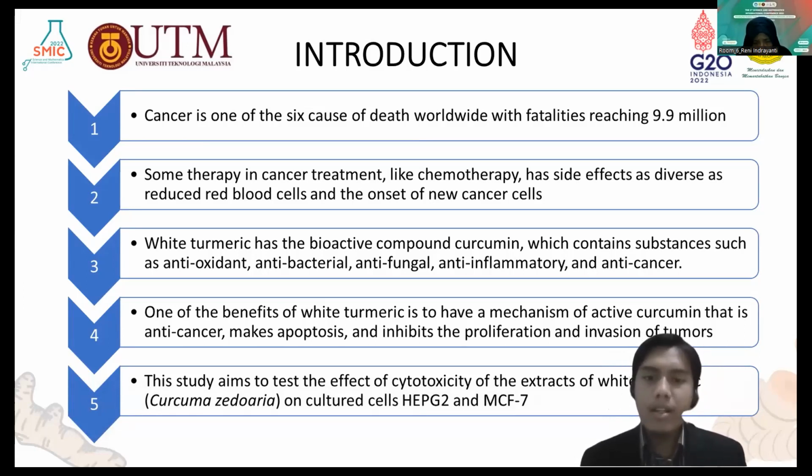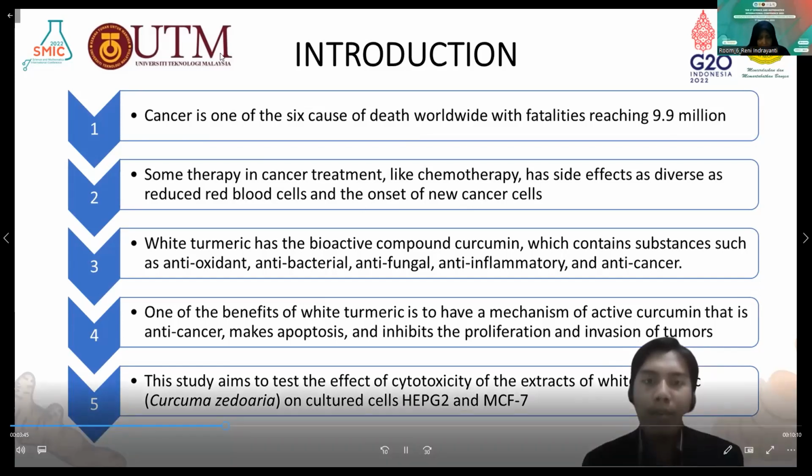The researchers chose these because of the highest rate of death from both cancers. So the result of the cytotoxicity test of white turmeric on cancer cells could be an alternative for the problem of cancer in the world.